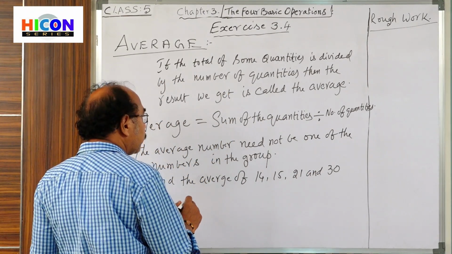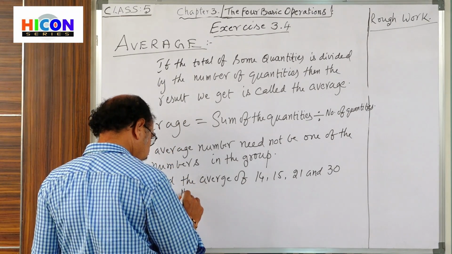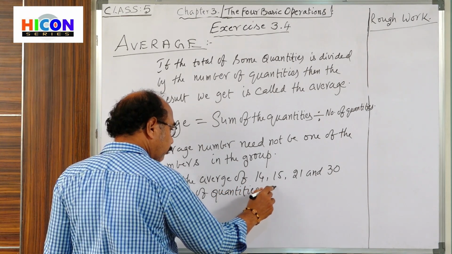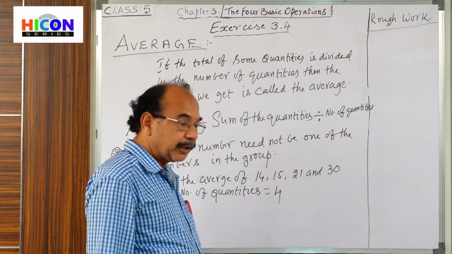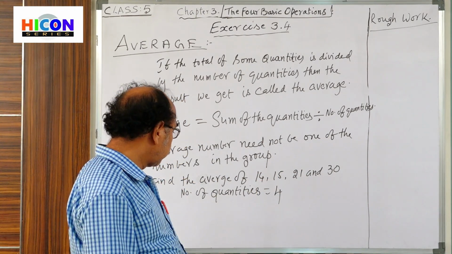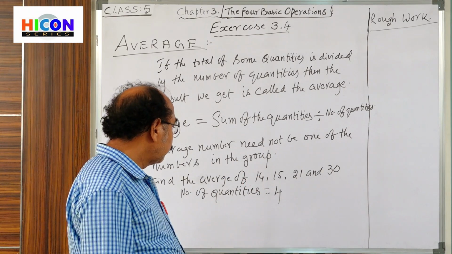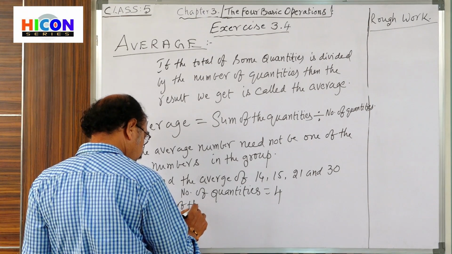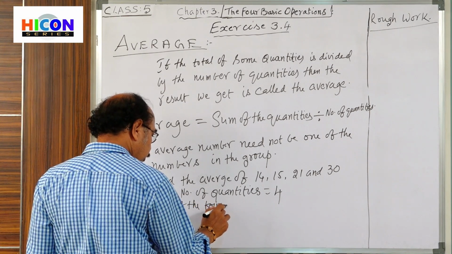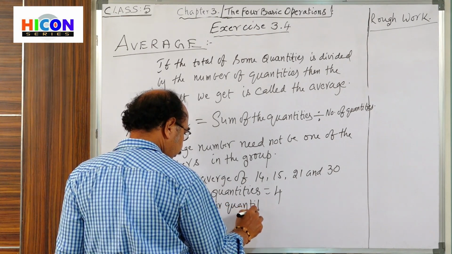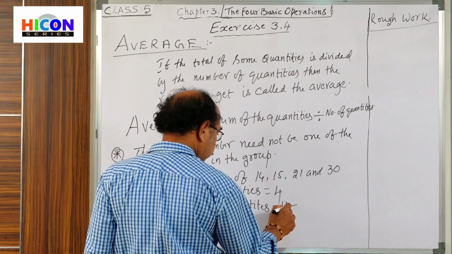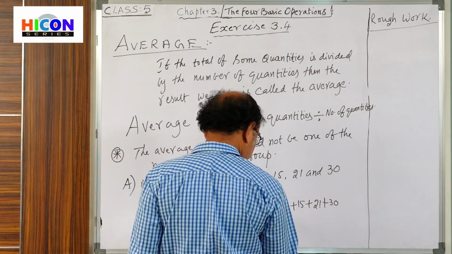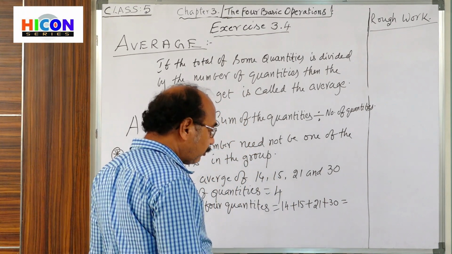So the number of quantities is 4. Now, the sum of the 4 quantities, how much do you see? 14 plus 15 plus 21 plus 30.